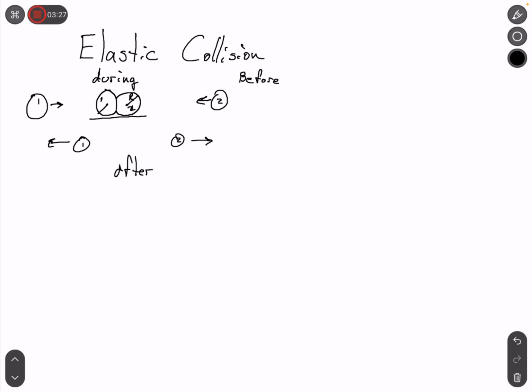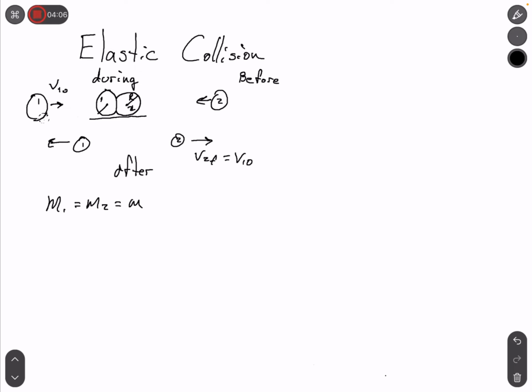So the velocity of number 1, V1 initial, ended up being the same as V2 final when mass 1 equals mass 2, and we could just say that they both equal m. Those two ended up being equal.